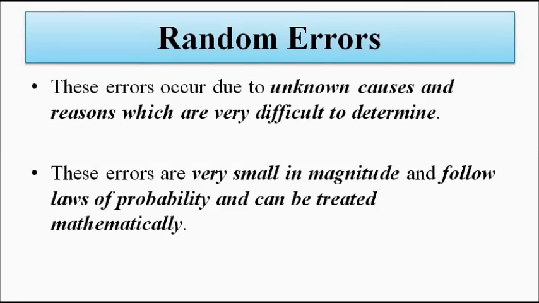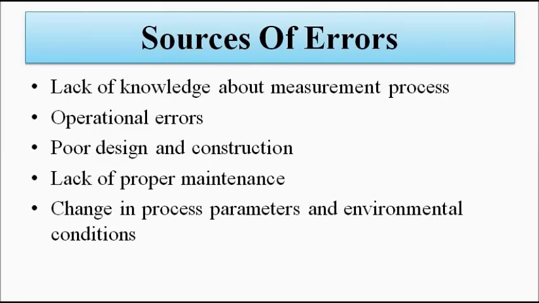Then the sources of errors. If we try to summarize the reasons why the various types of errors which we discussed happen, it can be for one of the following reasons. First, lack of proper, complete knowledge about the particular measurement process which we are involved in. Then, operational errors, because of lack of proper handling of the equipment, installation, use, application.